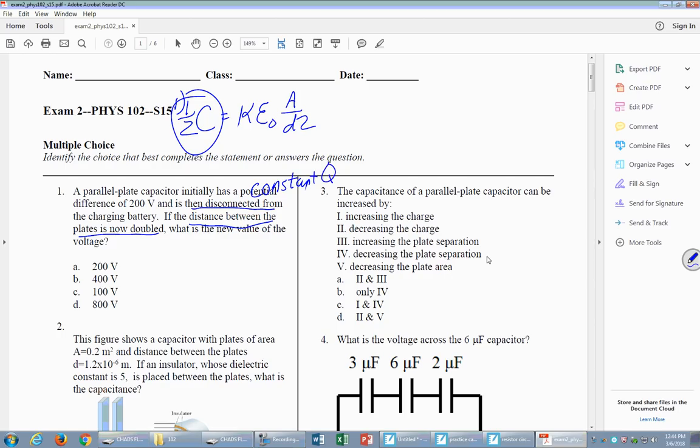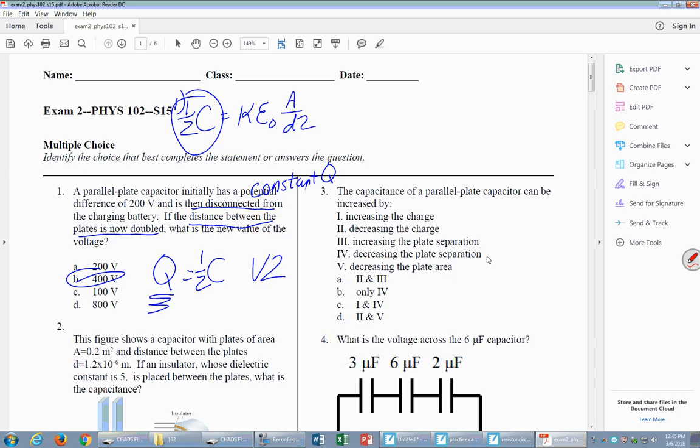I connect the capacitor to a battery, I put charges on it, and then I take it away. That charge is always going to be the same. I can't put new charges on it or take charges away. Q is equal to CV. By changing the capacitance, since Q is constant, I'm doubling the voltage, so whereas the voltage was 200, now it's going to be 400.